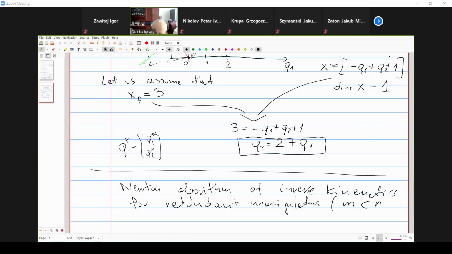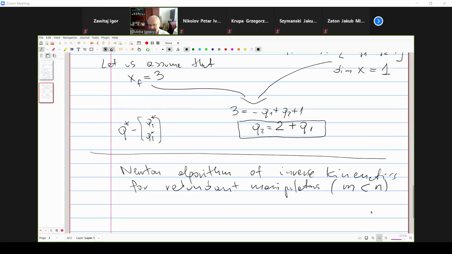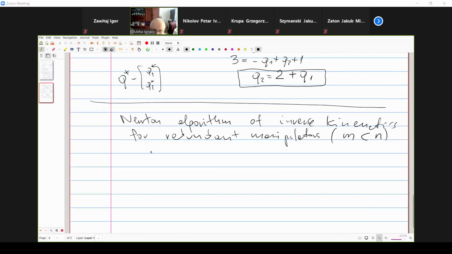M is smaller than n. And the general shape of this algorithm is very similar to the previous one. So let's compare it. The initial data are exactly the same.